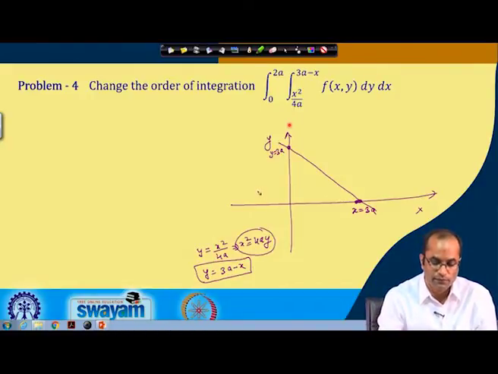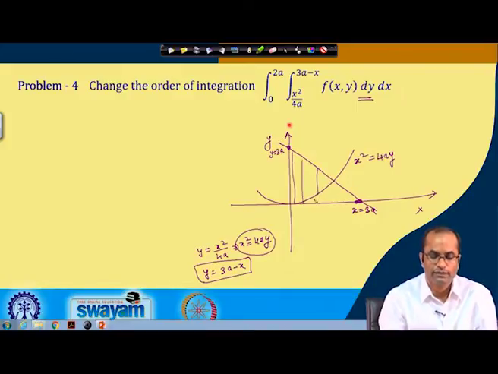That is the parabola. Now, if we look at the limits for y, y goes from the parabola to the line.